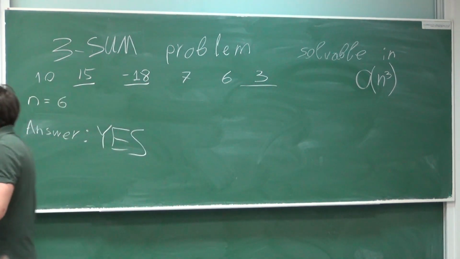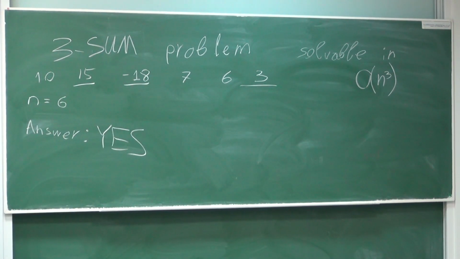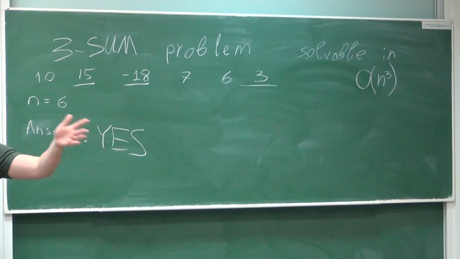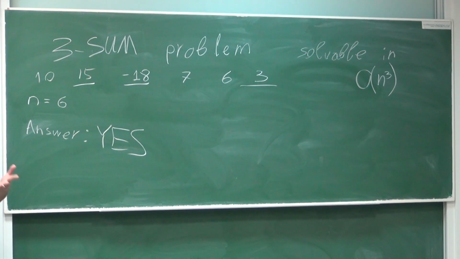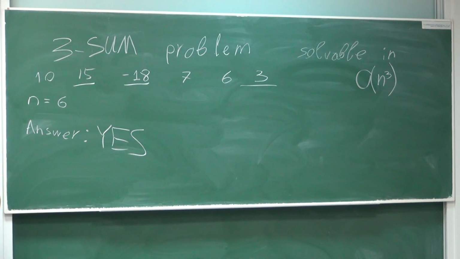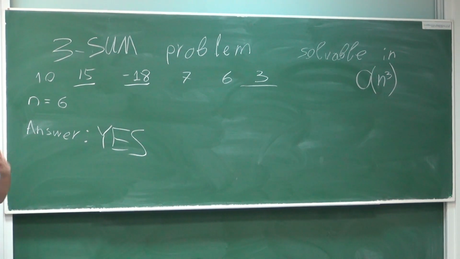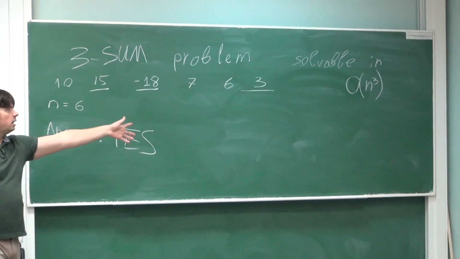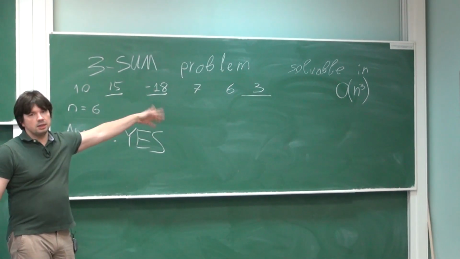What does that mean? Well, if you want to go through all the triples, there are n choices of the first number, n minus 1 choices of the second number, and n minus 2 choices of the third number. And this is basically n cube, right? For all purposes, this is the same as just n cube, so we write that it's order of n cube.